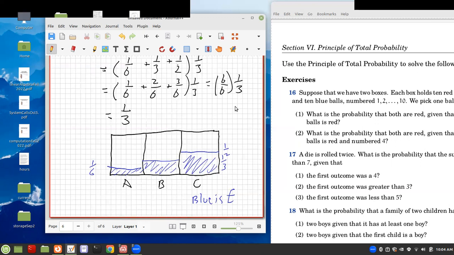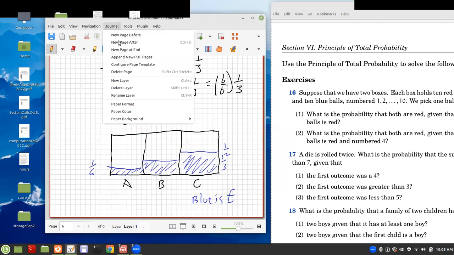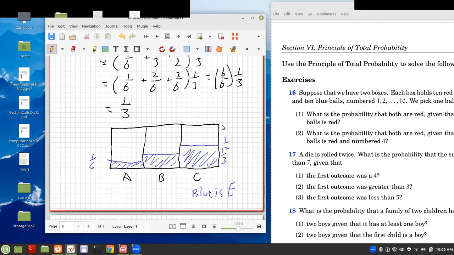So you can see that from the area here of the total area, this is a picture of how E is occurring, and that you end up with 1/3.